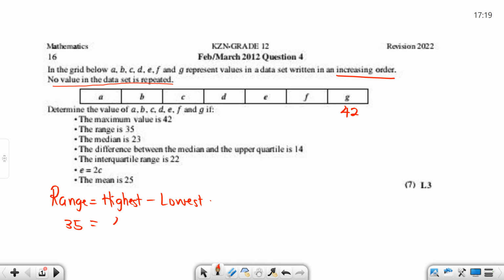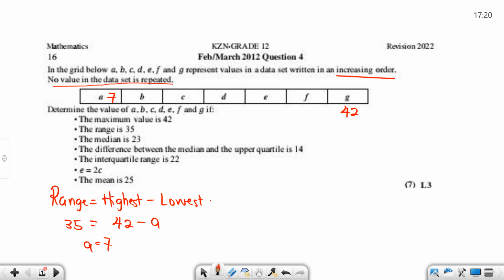What is the highest value? 42 minus the lowest. Which is our lowest? A. So what would you do to get A? You subtract. A is 7. So we're moving. Now you understand what range is: maximum minus minimum when we talk about statistics.